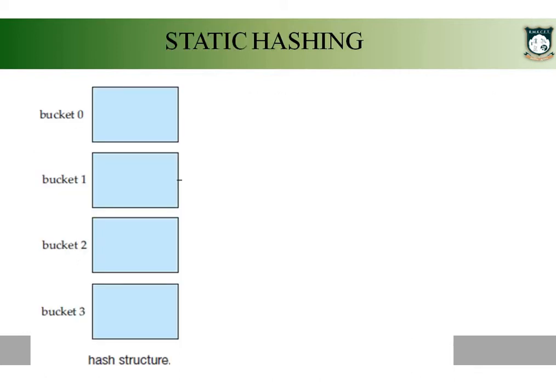Say, for example, the instructor records are organized in 4 buckets: bucket 0, bucket 1, bucket 2 and bucket 3. If you are looking for some instructor, apply the hash function to the instructor ID. Probably it returns bucket 2. Then you can go to that bucket and find the record you are looking for. So this is the concept of hashing.